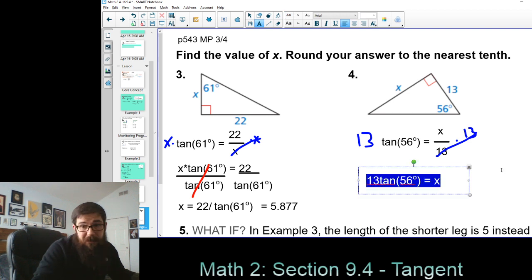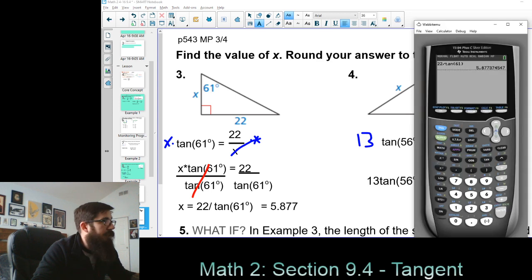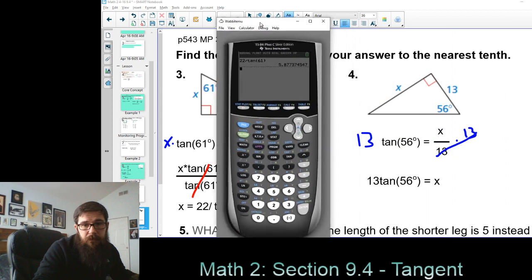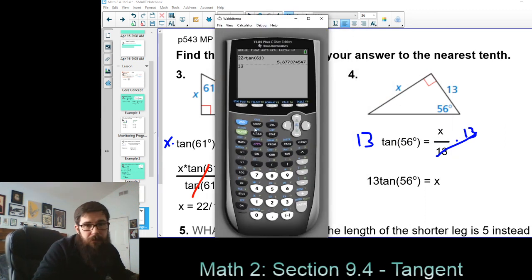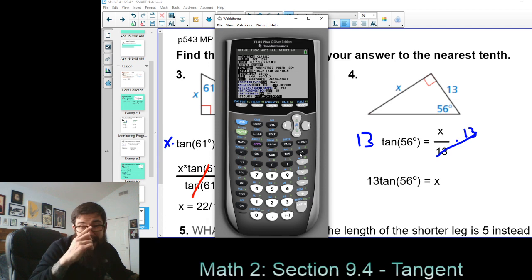This is time for the calculator. I don't know what tan of 56 is, so let's bring it back over. There we go. We needed to do 13 times tangent, again, up and to the left of the division, of 56. Ooh, a negative. I didn't change back into degrees, so I'm going to have to go back and actually update that previous one.